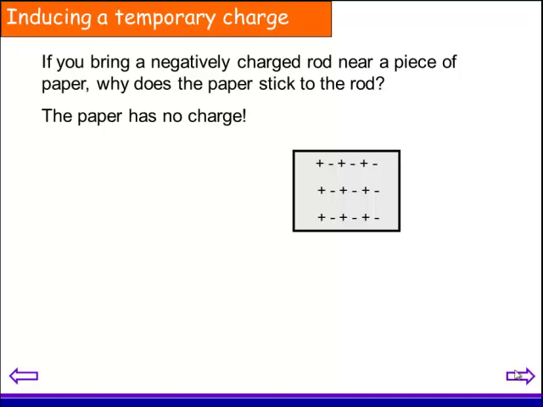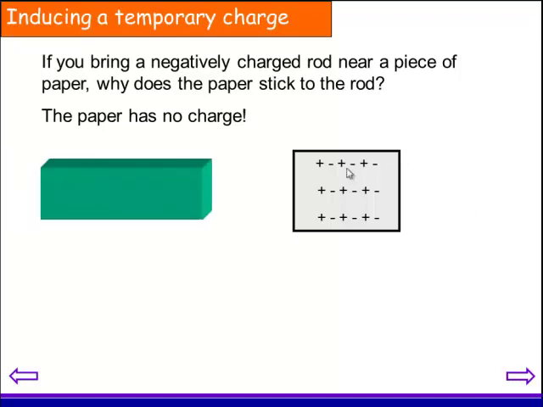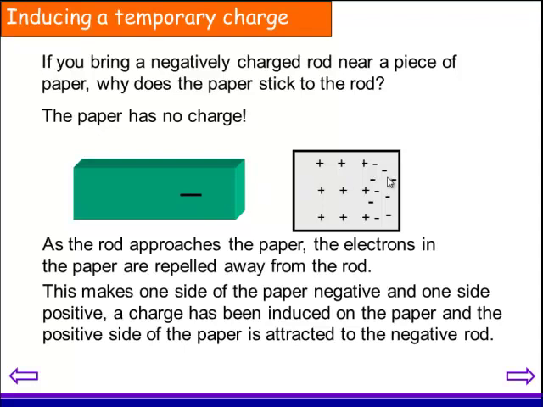By introducing, for instance in this case, a negatively charged rod, that drives away the electrons which can move, causing one side of the paper to be positively charged and therefore attracted, and the other side of the paper to be negatively charged, and that small area of positive and negative are then attracted to each other, which is why a piece of paper will get stuck onto a charged rod.